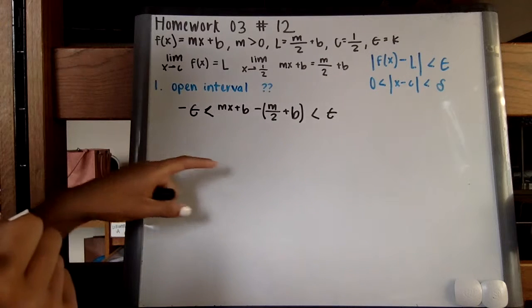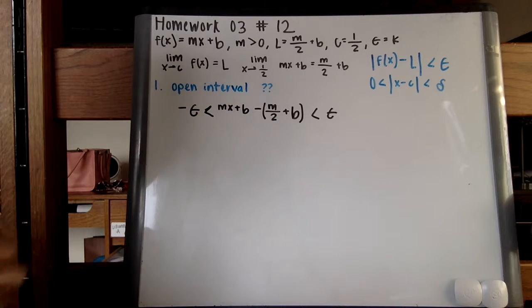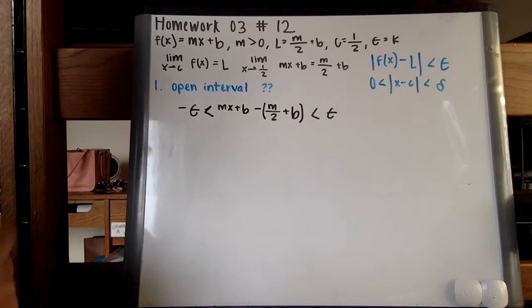It looks like that because in the definition of a limit, the absolute value of f of x minus L is less than epsilon.